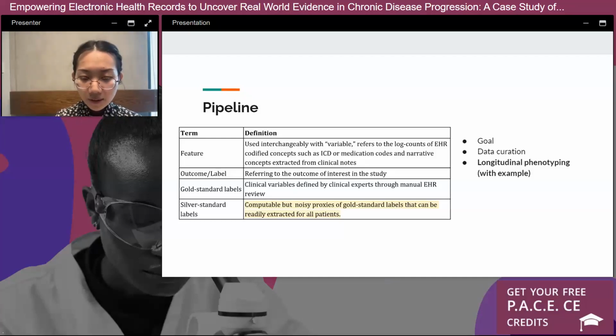For the labels, there are two types. One type is the gold standard labels, which are the clinical variables defined by clinical experts through manual chart review. And we also have a set of silver standard labels, which are noisy proxies of the gold standard labels that can be computed and readily extracted for all patients.